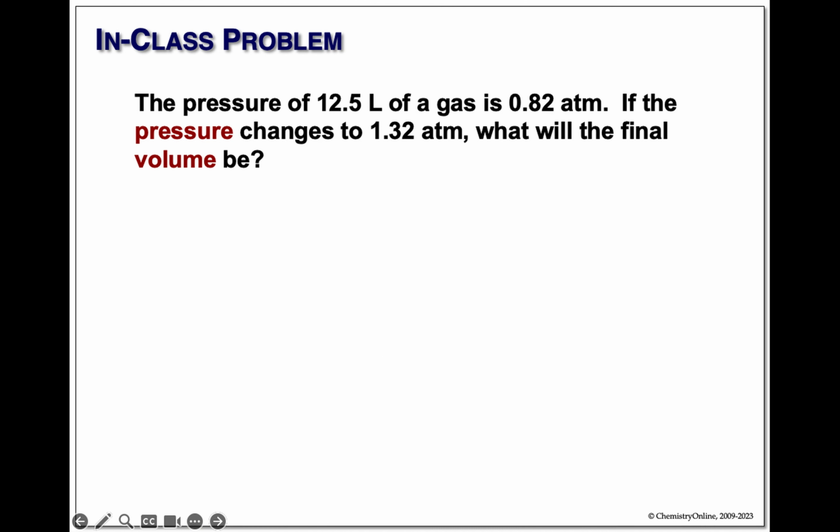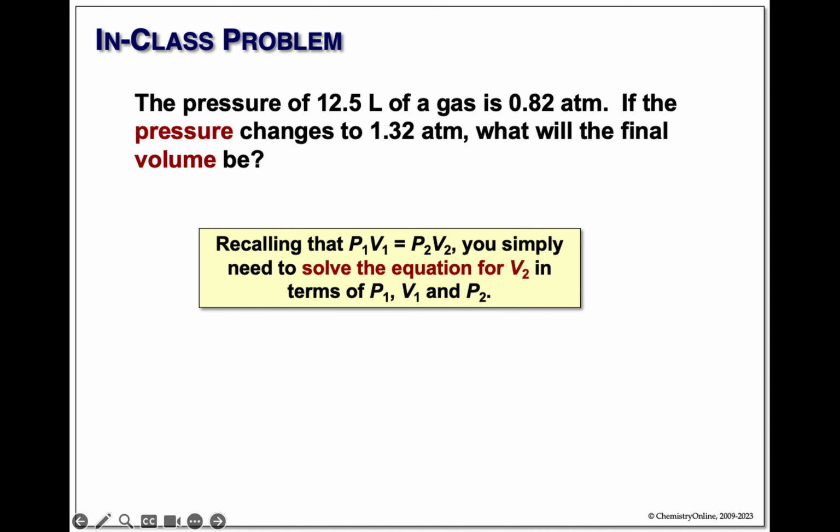Here we have 12.5 liters of gas. Our pressure is 0.82 atmospheres. We're going to change our pressure to 1.32, and we want to know our final volume. So think about our piston. We start off here, we go here. What's the volume? All right, classic Boyle's Law problem.